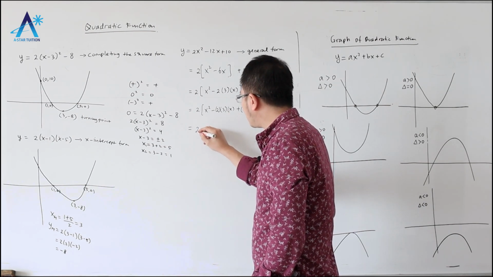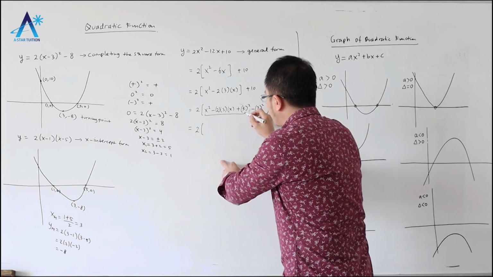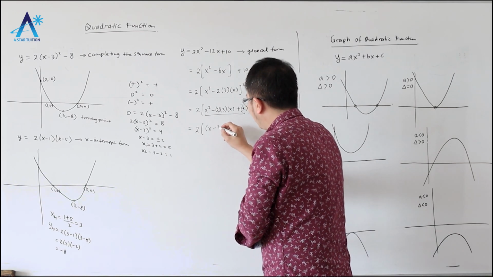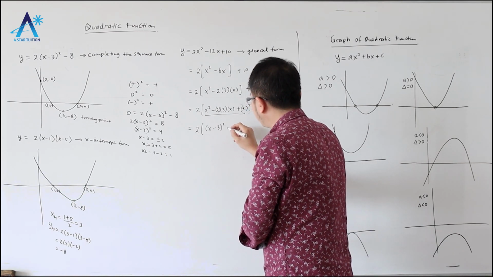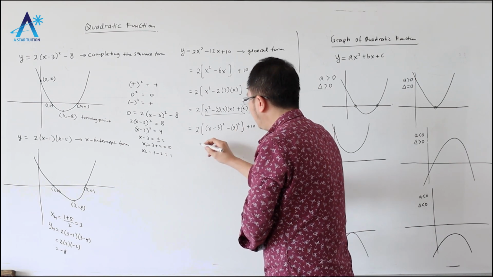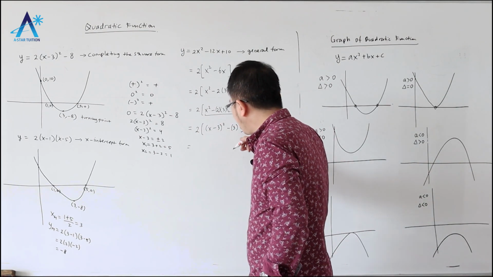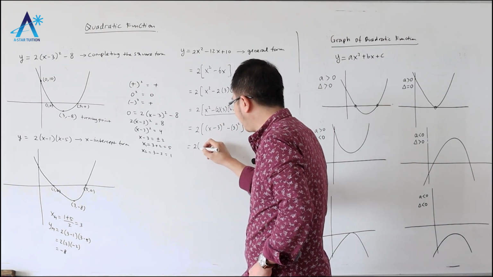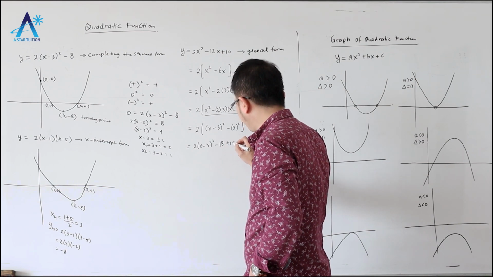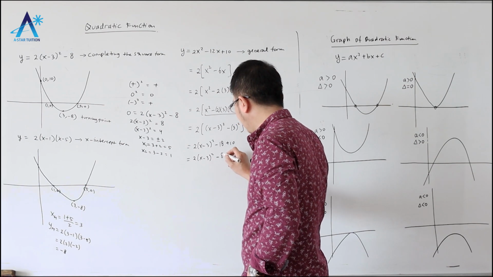And then the first three terms right here can now be written as (x minus 3) squared. By expanding the whole terms inside the bracket, we will have 2 times (x minus 3) squared minus 18 plus 10, which is equal to this.